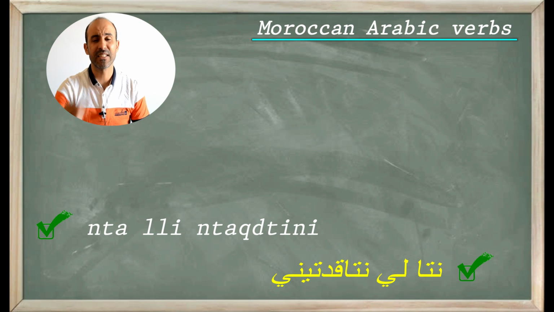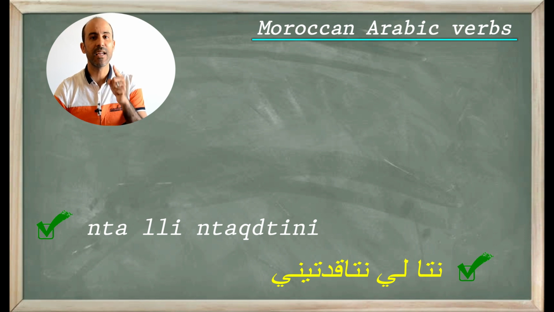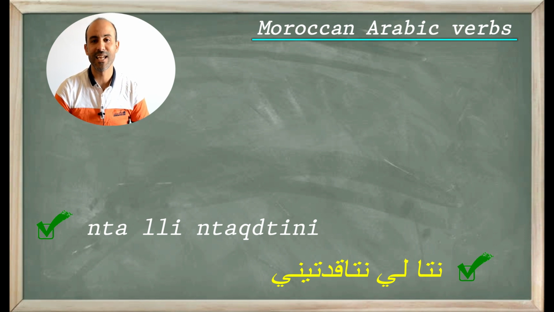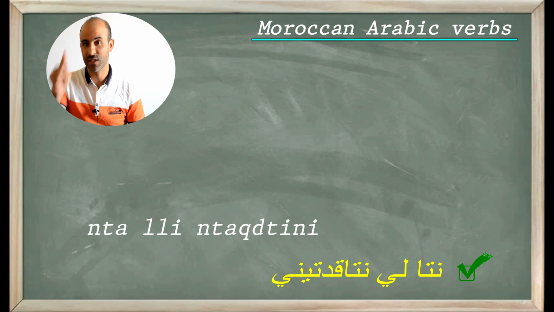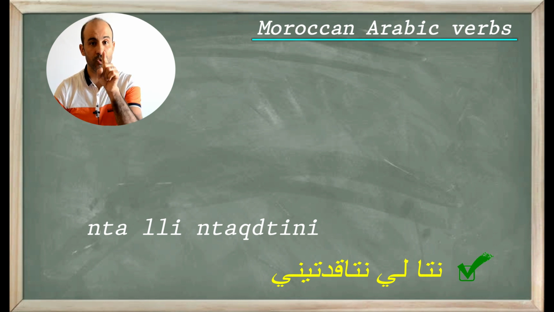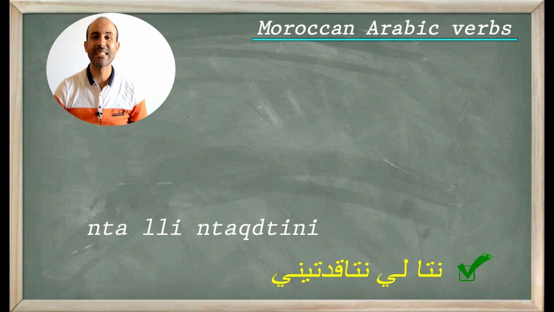انت اللي انتقدتيني. It's you who criticized me. انت, you, اللي is that or who. انتقدتيني. So this is the past tense of the verb انتقد. So أنا انتقدت, you just add T. If you are talking to a man or a woman, you say انتقدتي.